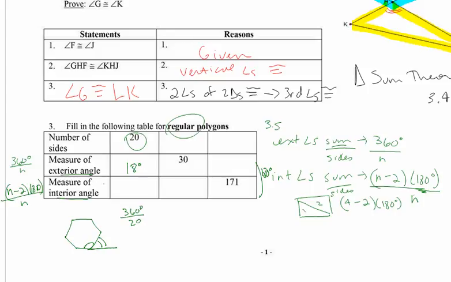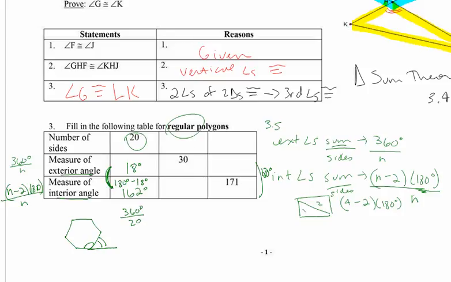Now, to get this next box, I could plug 20 into n, so 20 minus 2 times 180 divided by 20. However, it would be a lot easier to say, I know that these two add up to 180. So what's 180 minus 18? That would be 162 degrees. And sure enough, if you plug 20 into this formula, you also get 162 degrees.